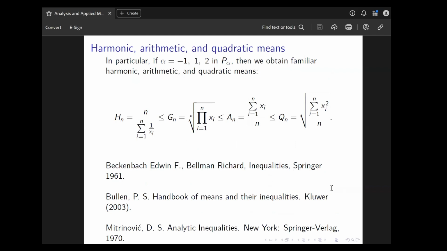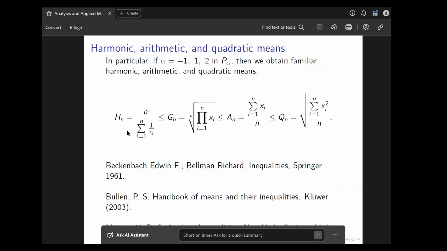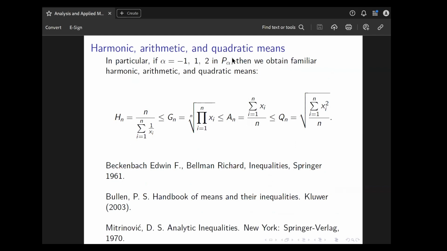This gives the following sequence of inequalities. For P minus 1, when alpha is minus 1, you get the harmonic mean, which is less than P0, the geometric mean, which is less than or equal to P1, the arithmetic mean, which is less than P2, the quadratic mean. Well-known inequalities.